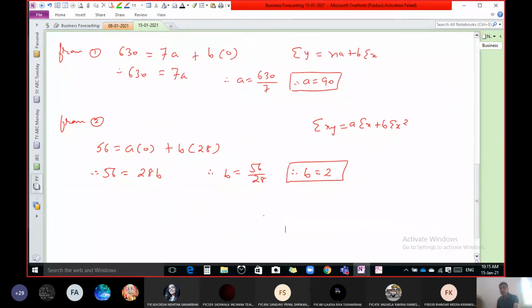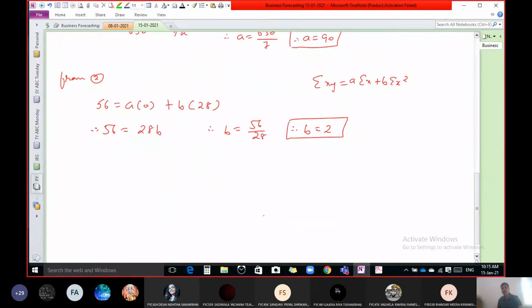Now put these values in our final equation. The straight line is actually y equal to a plus bx. In that, substitute the values. The straight line is y equal to a, which is 90, plus b, which is 2, into x.